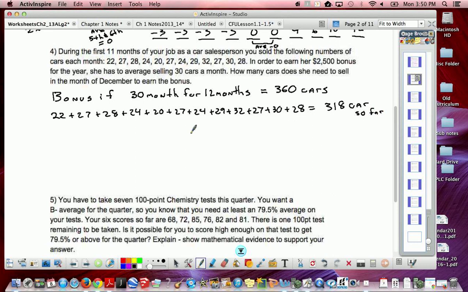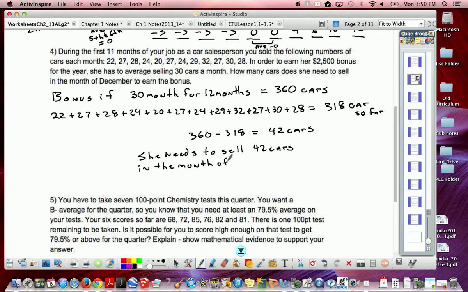So if I subtract the two, 360 minus 318, you're going to need to sell 42 cars. Okay, so she needs to sell 42 cars in the month of December to earn the $2,500 bonus.